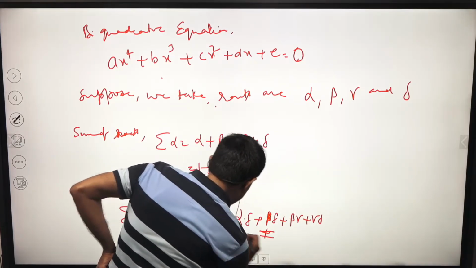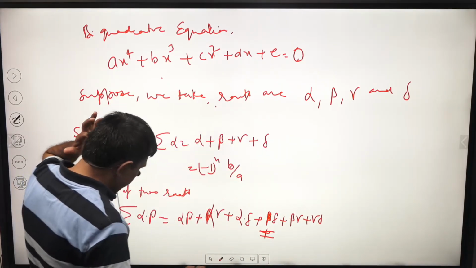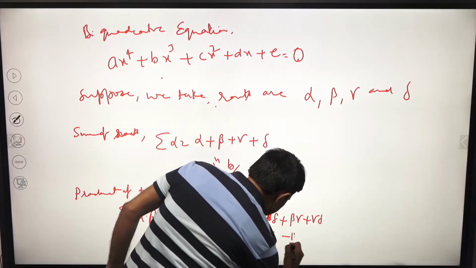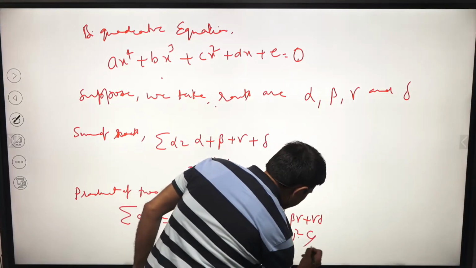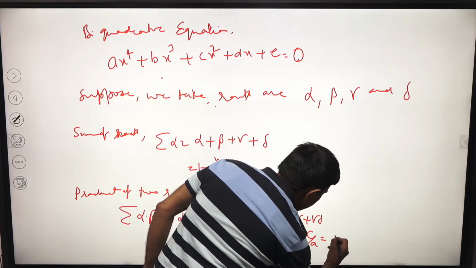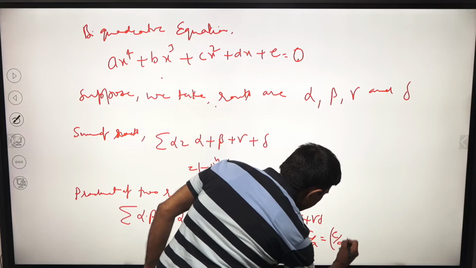So it can be written as the product of two roots: minus 1 raised to the power 2 into c by a. This gives the positive value, so c by a. Okay.